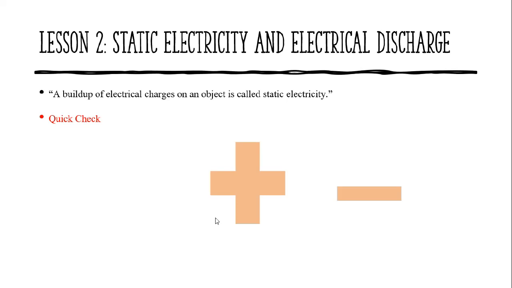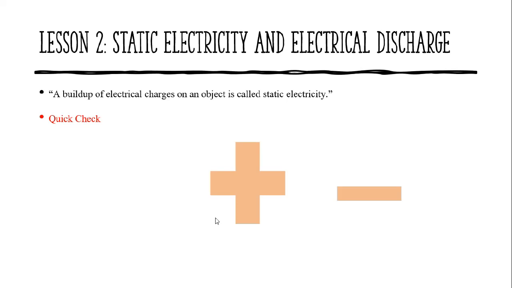However, if you look at balloon 2, it's positively charged because it has way more positively charged particles than negatively charged particles. So that's 5 versus 2. Balloon number 3 is negatively charged because it has more negatively charged particles than positively charged particles. It has 7 negatively charged particles versus 5 positively charged particles.